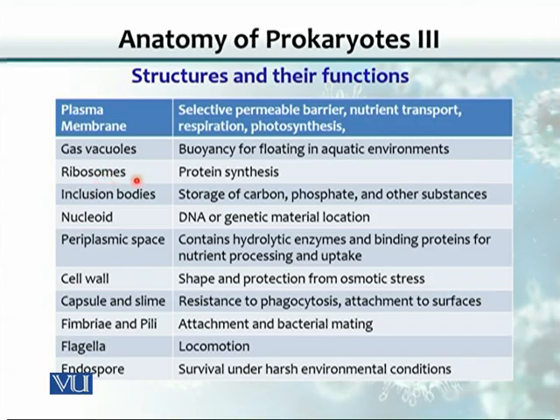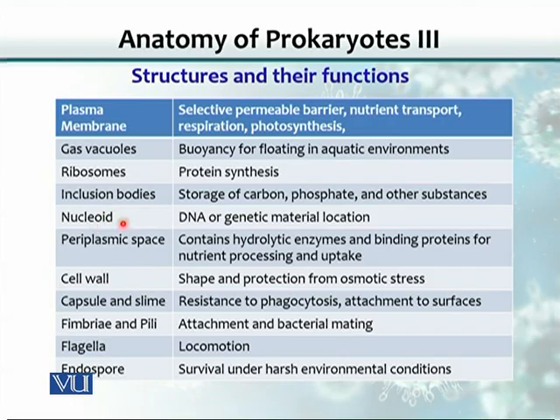These ribosomes are protein synthesis factories. Then inclusion bodies, they're also found in bacteria. These are storage of carbon, phosphate, and other substances that bacteria acquire from the environment and store and use on demand or on need.